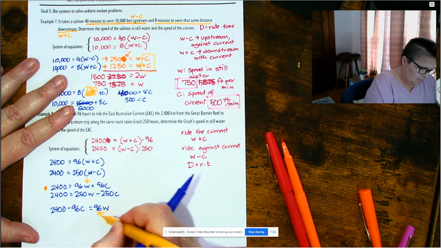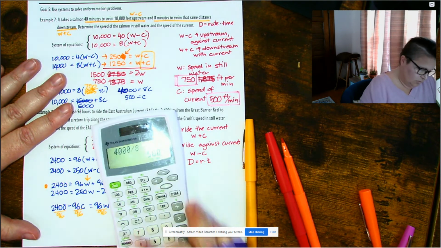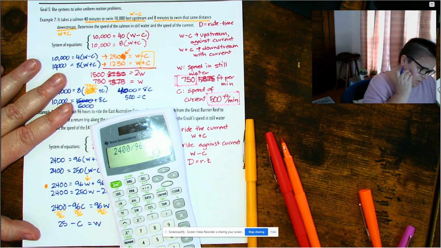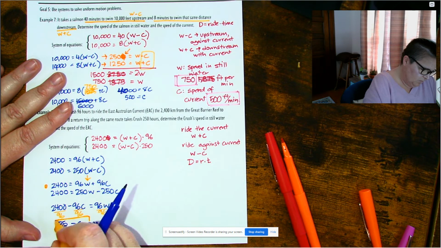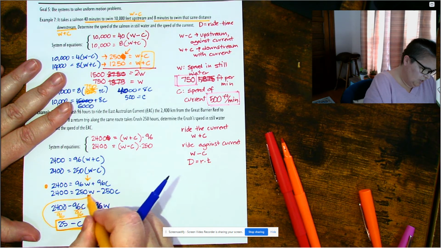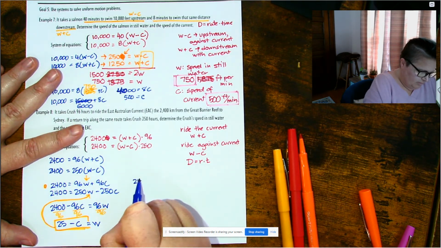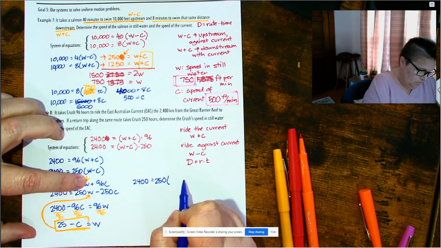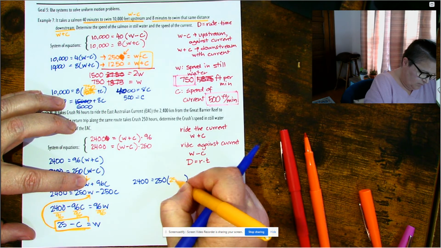And then I'm going to divide each thing by 96 in order to isolate that W. So I'm going to get 25 minus C is equal to W. Okay, now I'm going to take all of this, because it's solved for W, and I'm going to put it into the other equation where I see the W. So now I've got 2400 is 250 times W minus 250C. So that's going to be 25 minus C.